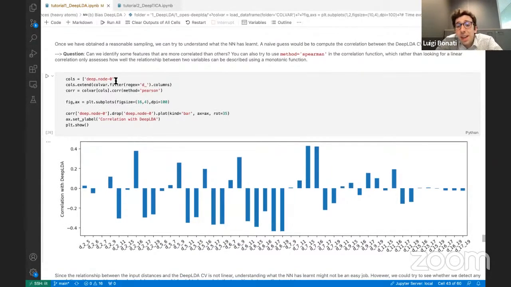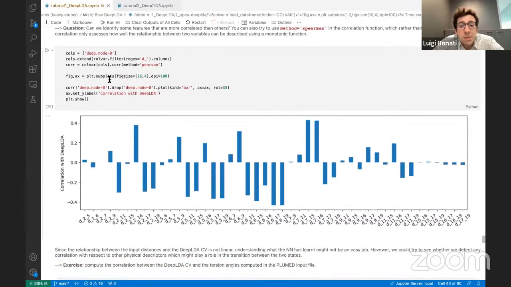This is very similar to what we have done before with the derivatives, when we compute the derivatives of the deep LDA CV with respect to the input descriptors. As before, I think the picture is even more complicated. Indeed, we have a lot of descriptors.